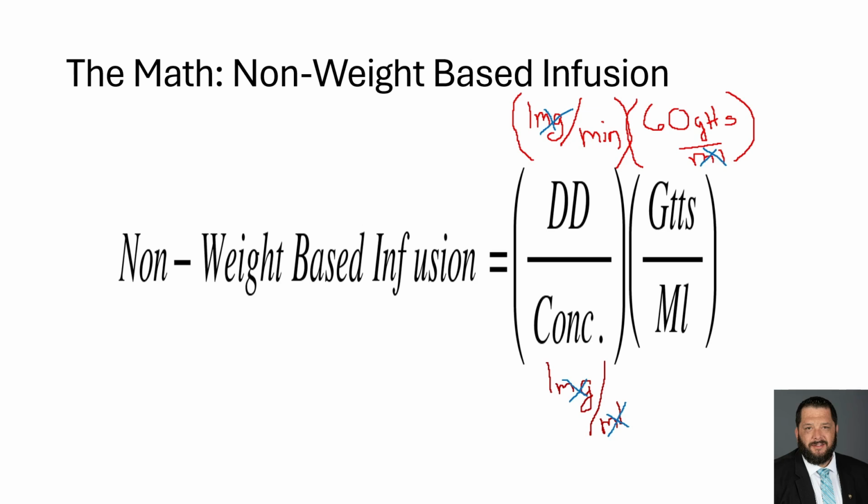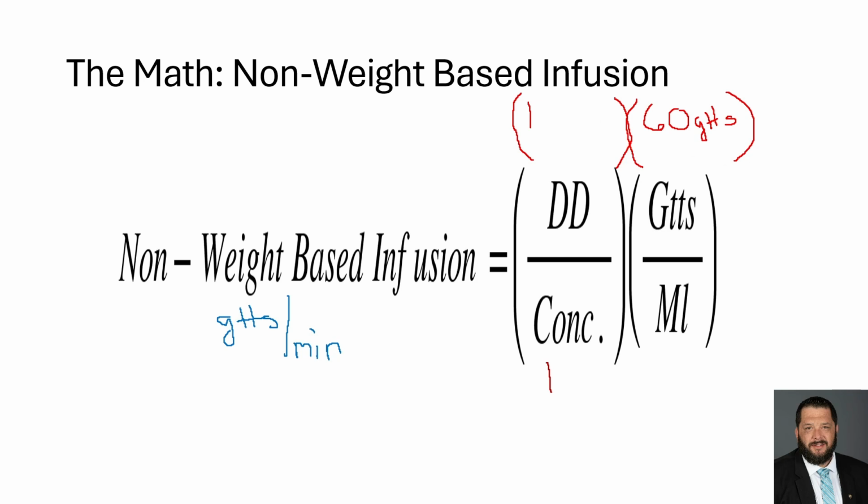Since we know we're giving an infusion and we're going to have to count the drops, we can assume our calculation should come out in drops per minute. Drops per minute. Now we can rewrite the equation with all of our terms eliminated.